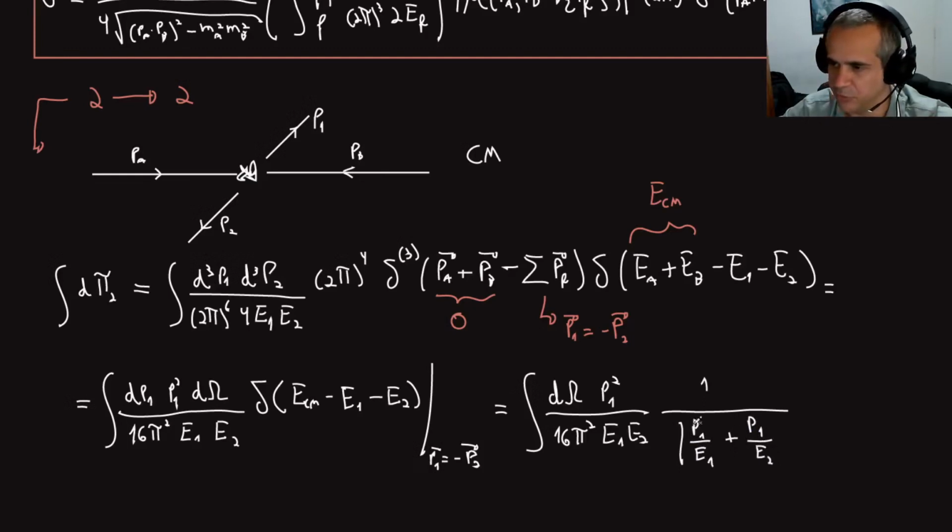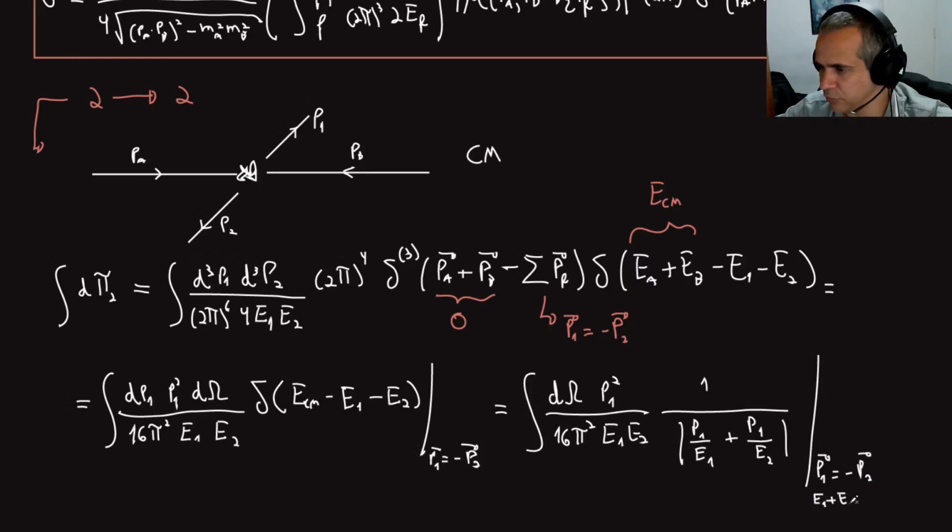I should have p2 here, but I'm already using this. And this is all, again, remembering that in these energies down here, P1 is equal to minus P2, and E1 plus E2 is ECM.